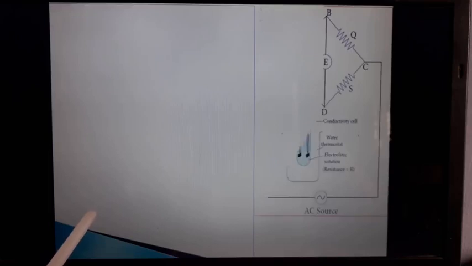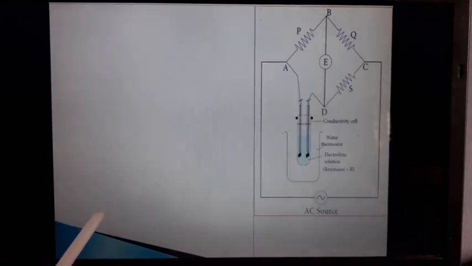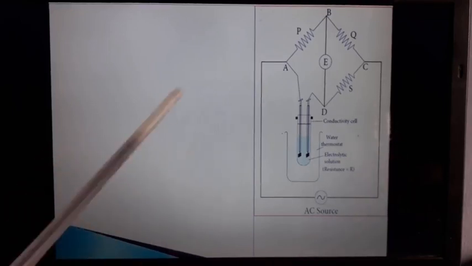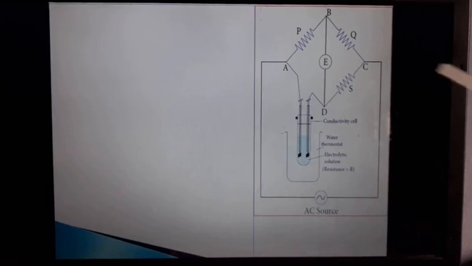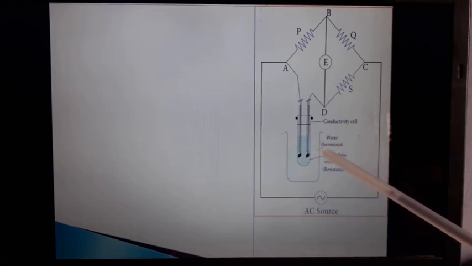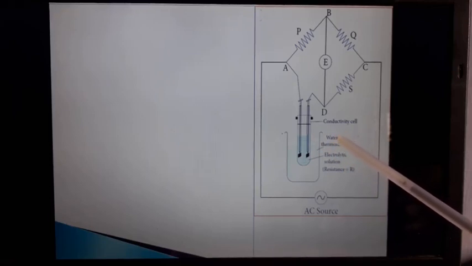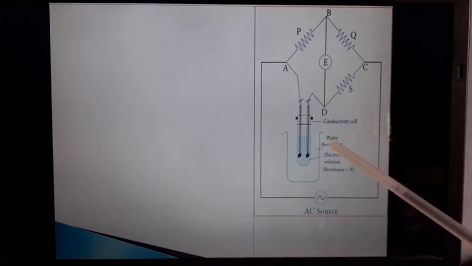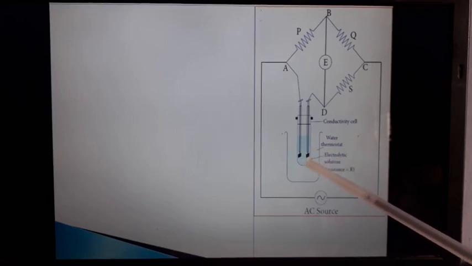Now the image of the Wheatstone bridge. In this image, this is the conductivity cell, and this is the water thermostat, which keeps the temperature constant. Then this is the electrolytic solution inside the test tube.